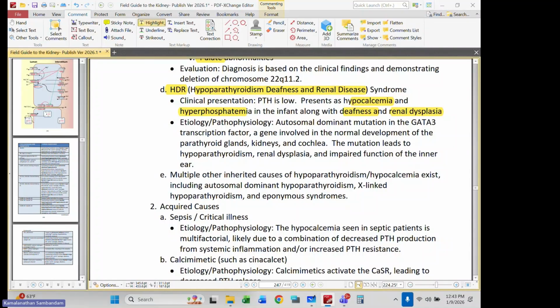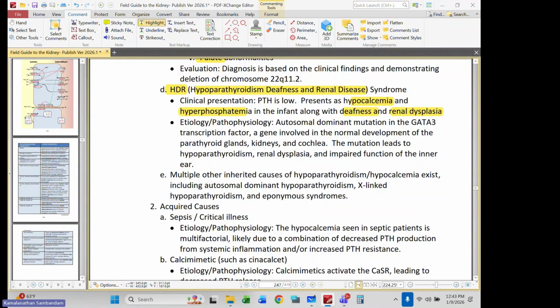But that is a theme that you should remember, that this link between ear and kidney shows up in a number of genetic diseases. We've talked about some that are conduction defects of hearing.